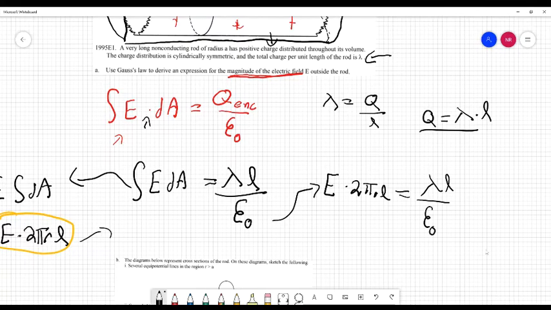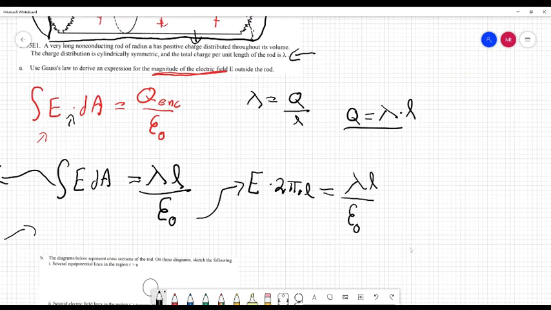If we want to isolate and solve for E, all we have to do is divide by 2 pi r L on both sides.